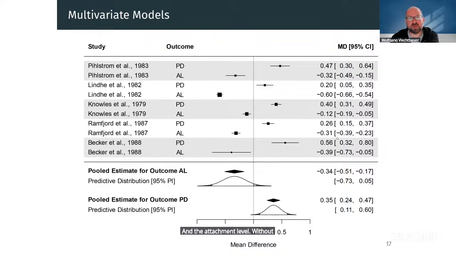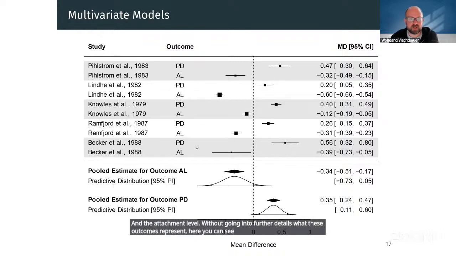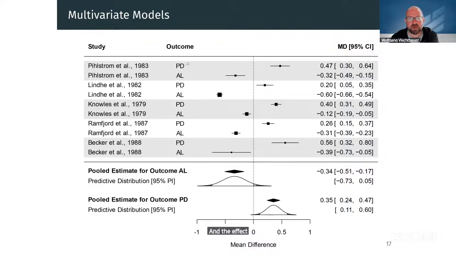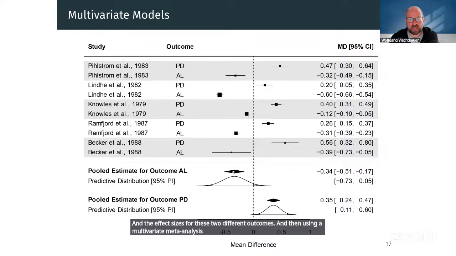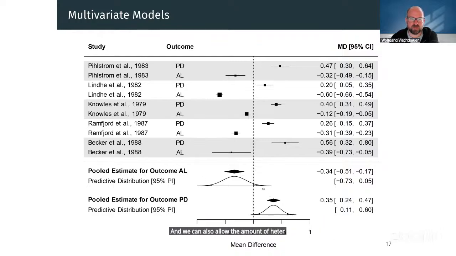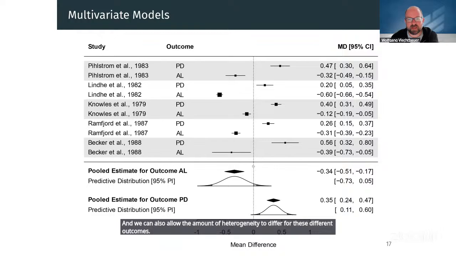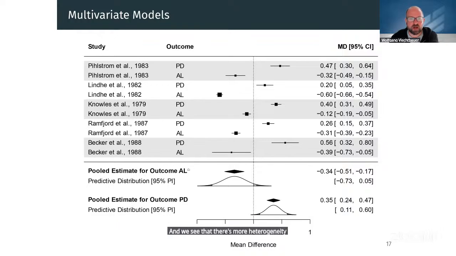Without going into further details what these outcomes represent, here you can see the 5 studies that were included in this meta-analysis and the effect sizes for these 2 different outcomes. And then using a multivariate meta-analysis, we can estimate what is the pooled effect for this outcome versus this outcome. And we can also allow the amount of heterogeneity to differ for these different outcomes. And we see that there's more heterogeneity for the outcome attachment level compared to probing depth.